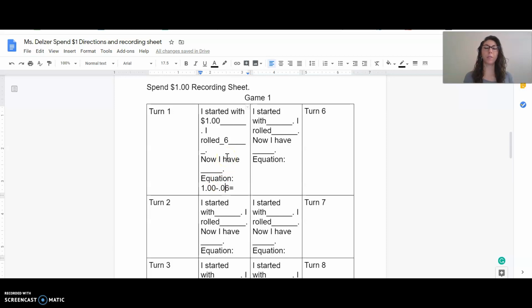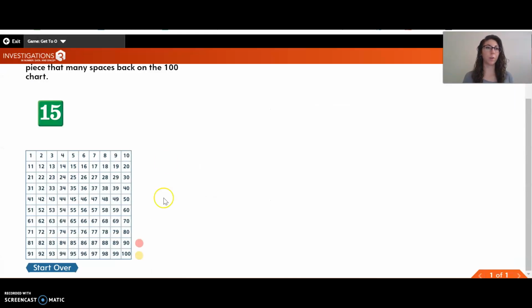If you don't know it off the top of your head, here's what you can do. Another game you're going to be playing this week is called Get to Zero. I'll explain how to play Get to Zero in a minute, but you can use the Get to Zero chart, a 100s chart, to help you if you need to.